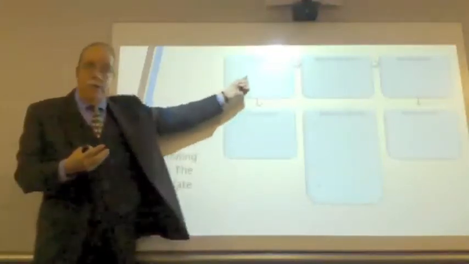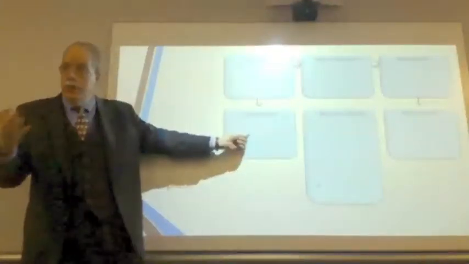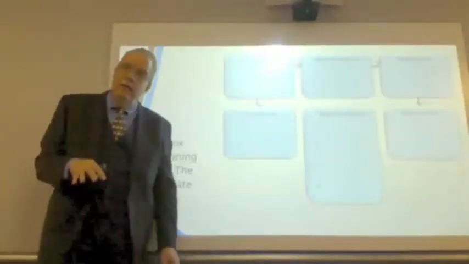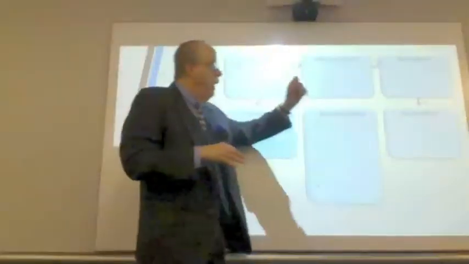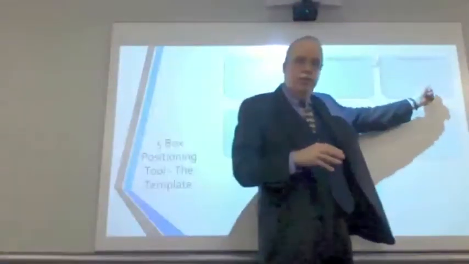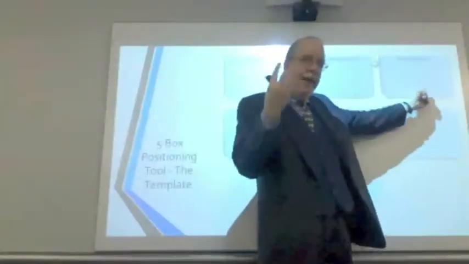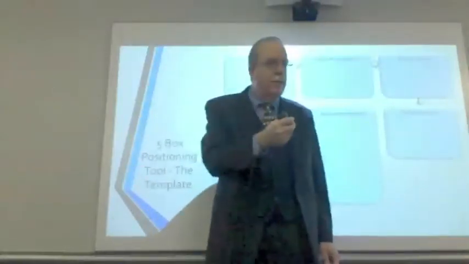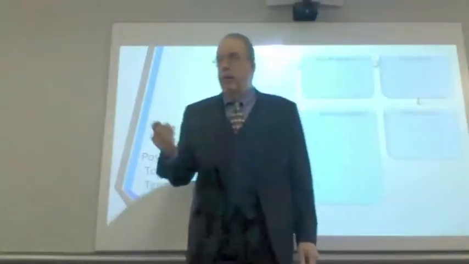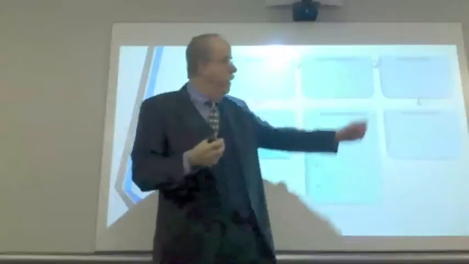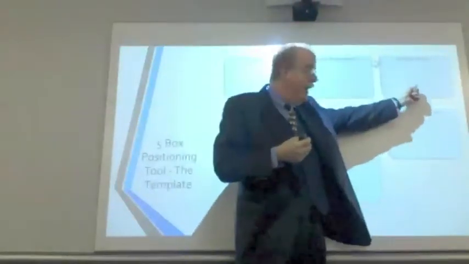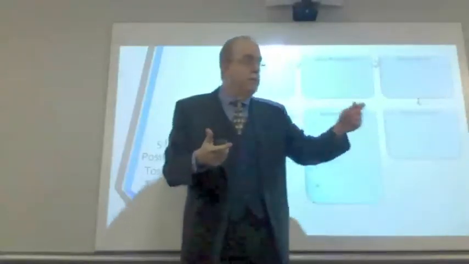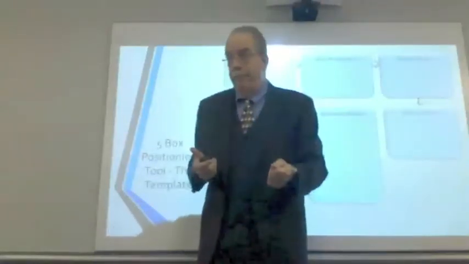Based on their current belief, this leads to their current actions. Following that, I'm going to ask you to think about, well, what would you like them to believe? What would you like them to hold firmly in their mind about your product, about your competitors? And based on the desired belief, that's going to lead to some desired action. Most often that means I'm going to go out and buy something.